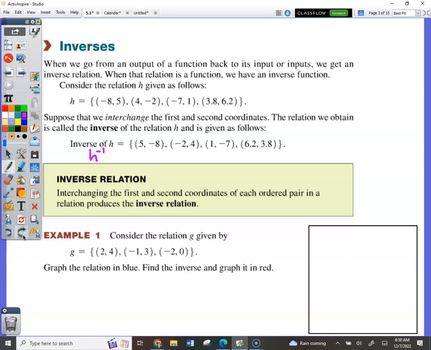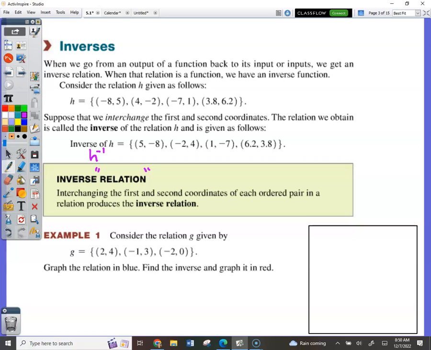Because this was just a set of points, it's called a relation. We're not actually looking at functions right now, we're just looking at a set of points. So it's called a relation.